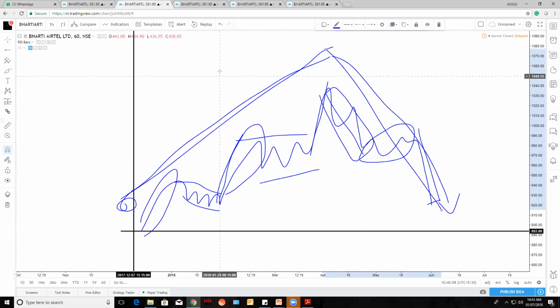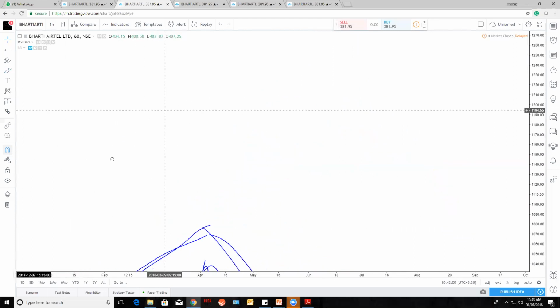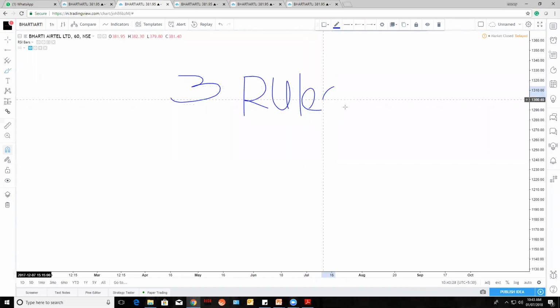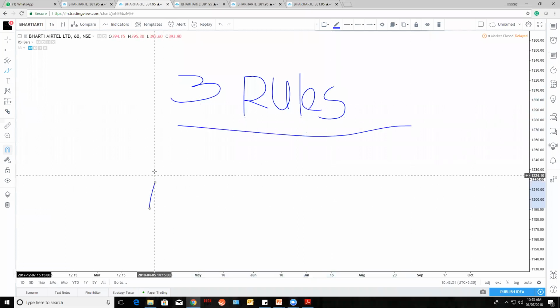There are three rules in Elliott wave. If these three rules are applicable to any wave, anywhere, in any chart or any time frame, it doesn't matter, then it is called an impulsive wave.